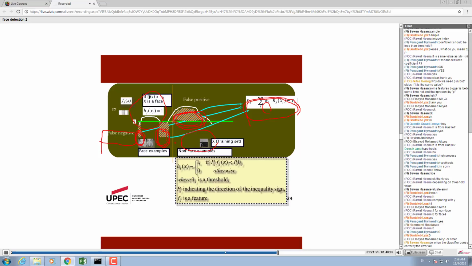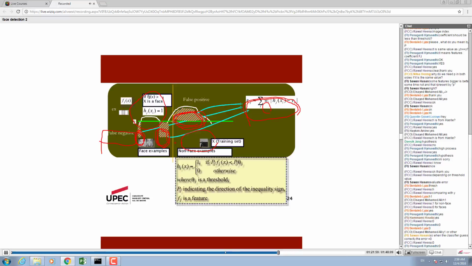By the way, h returned 1. Oh, it is saying face. Then this answer is correct. Then 1 minus 1 becomes 0. Then 0 is multiplied by the weight. Then nothing is added to the error.